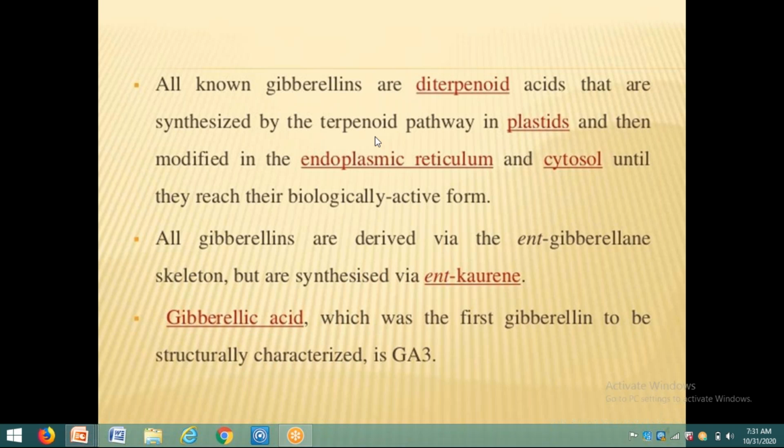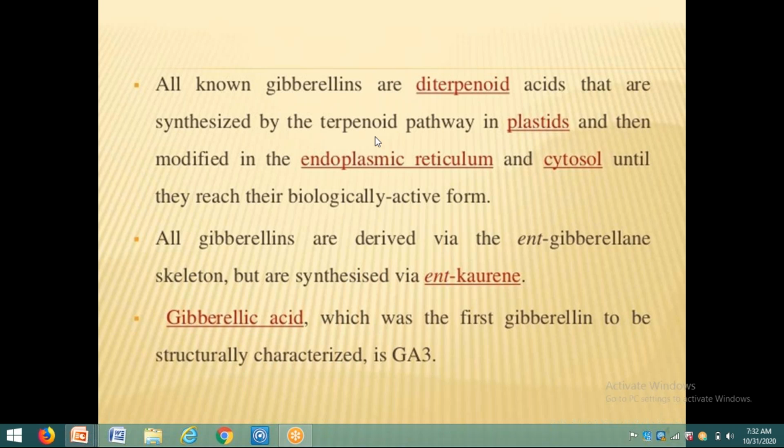The pathway which helps in the synthesis of gibberellic acid is the terpenoid pathway. Children, they ask this question: the site of the synthesis of the gibberellin hormone, plastids, ER, cytosol. There will be confusion, so keep in mind that first of all they are synthesized in the plastids.